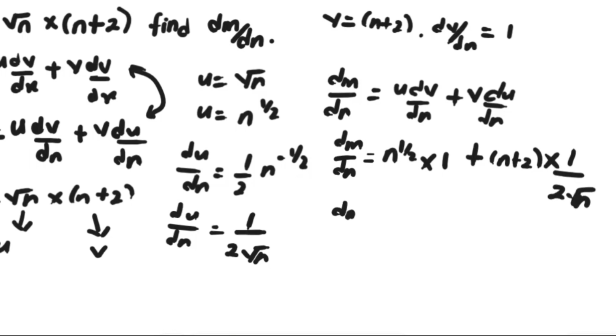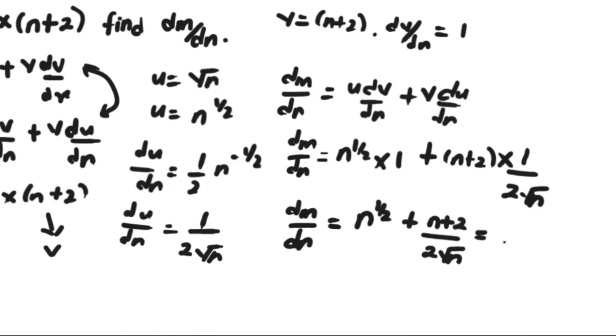So this will give us n raised to power 1/2 plus (n plus 2) divided by 2 root n. If you collect the LCM here, the combined LCM will be 2 root n.